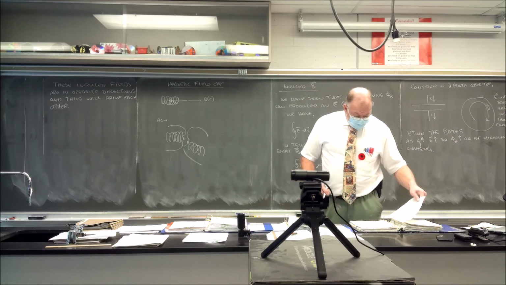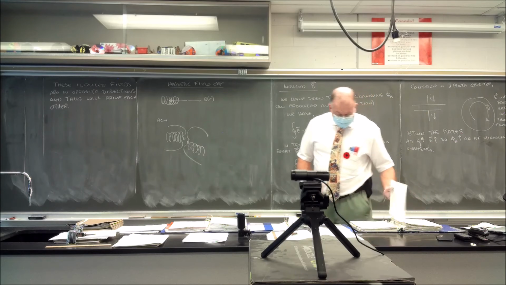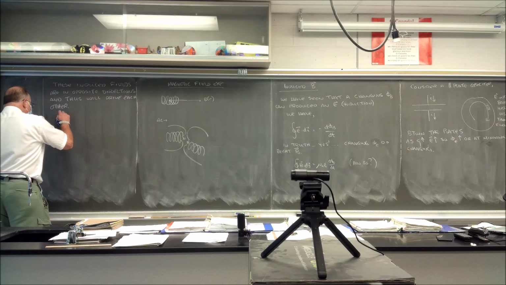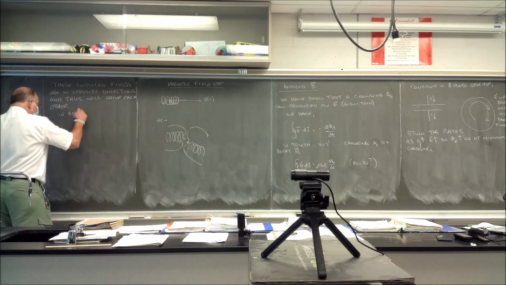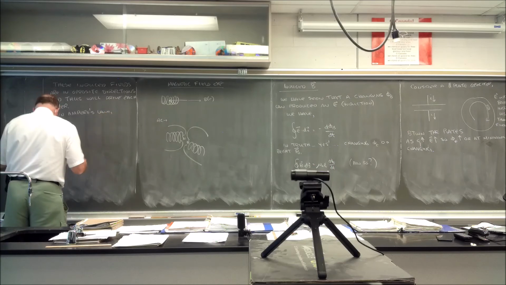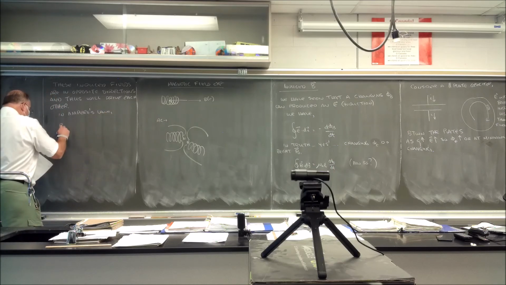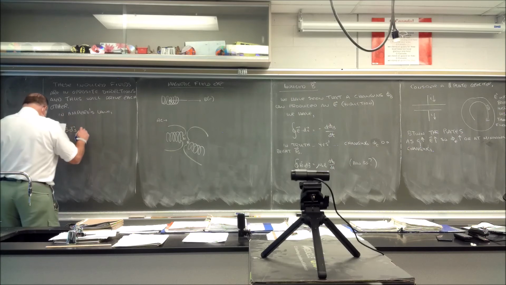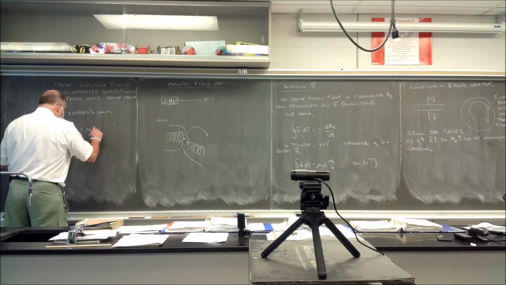So if we return then to Ampere's law, the closed loop integral of B dot ds equals mu naught I enclosed.